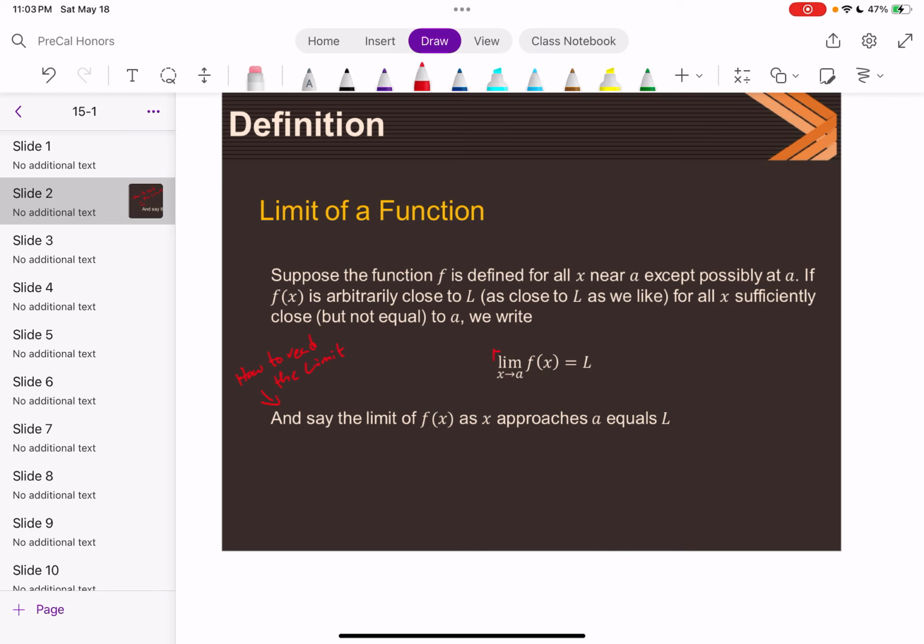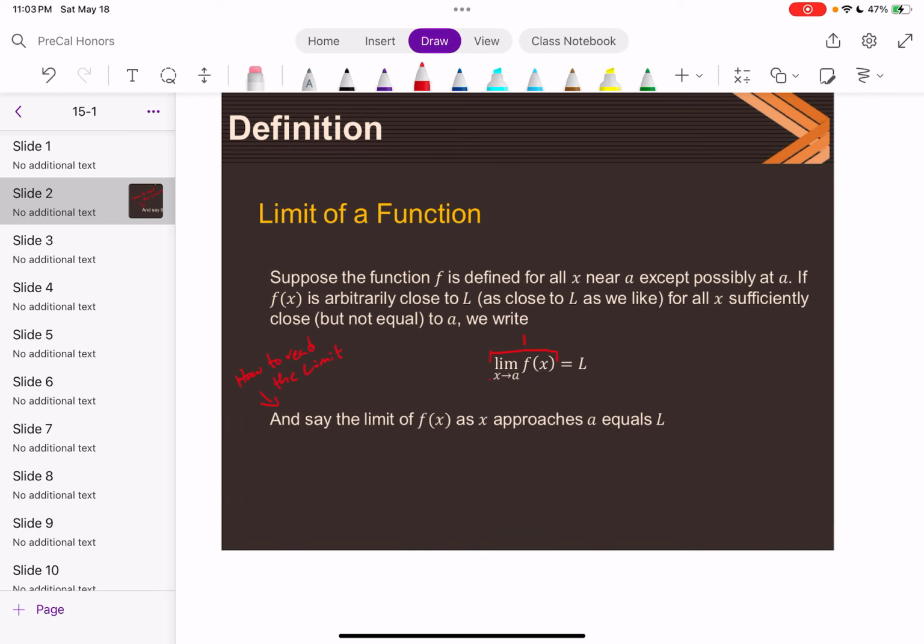So the limit of f of x would be step 1. As x approaches a would be step 2, equals L would be step 3. And that's exactly how it would be read.